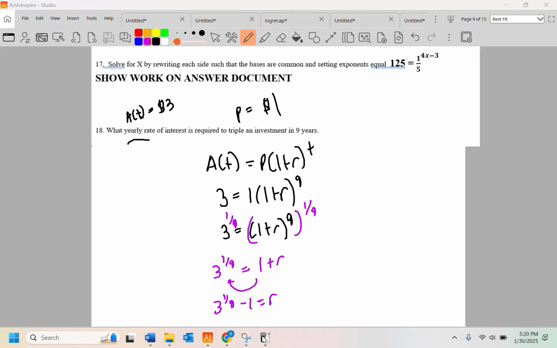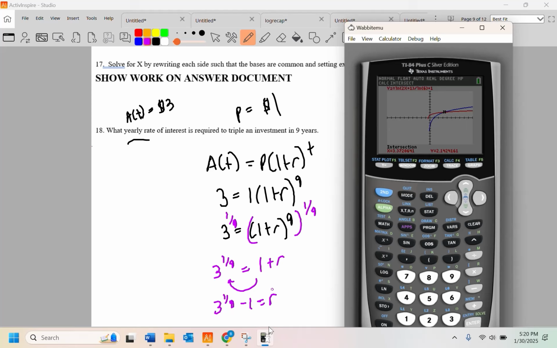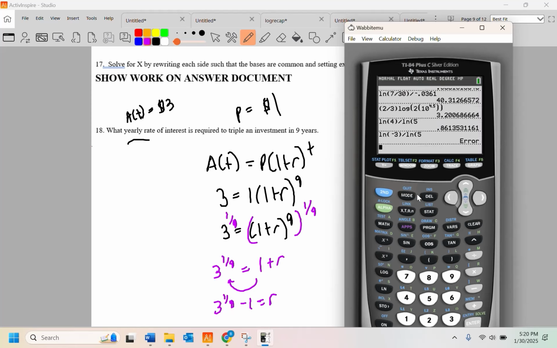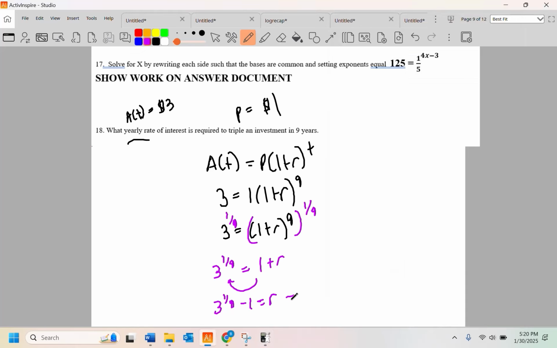And if you know what you're doing with math, this is probably quicker than doing y equals. I know some of you don't believe me, but that's because you're slow. Anyways, 0.1298 or 12.98%.